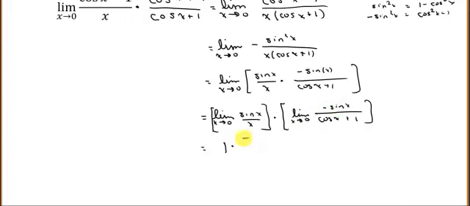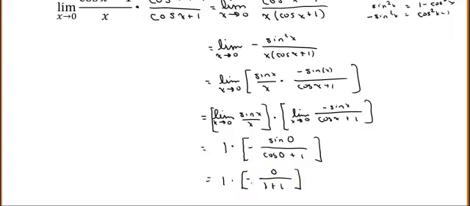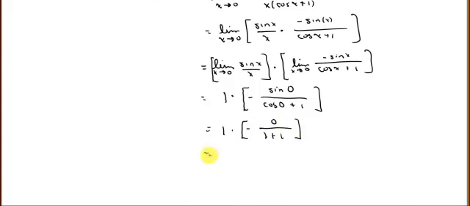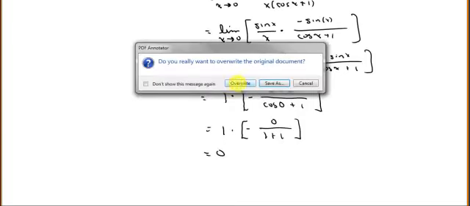So this would be the opposite of sine of 0 over cosine of 0 plus 1, which is going to be the opposite of 0 over 1 plus 1, and of course that's 0. So this limit turns out to be 0. Okay, question? All right, let's go on to another limit.